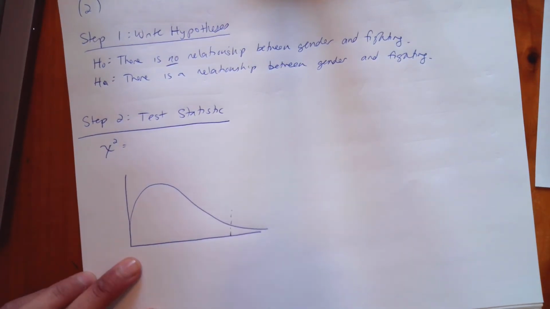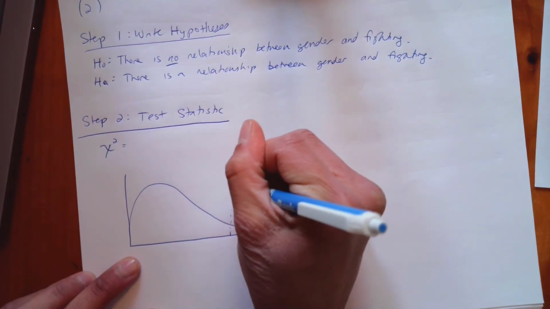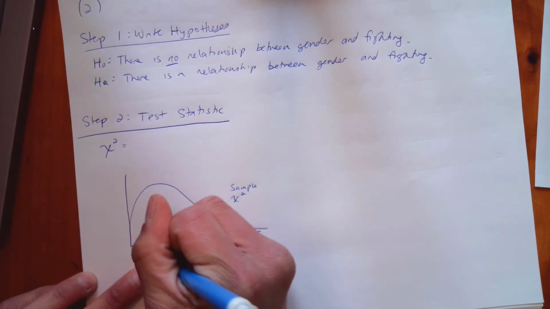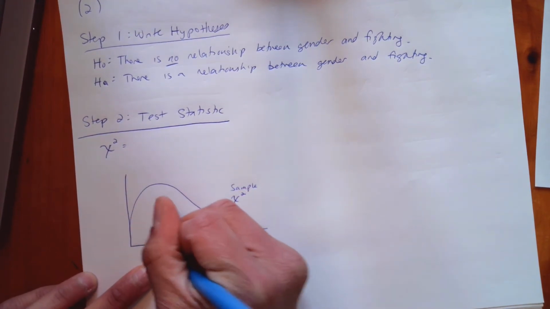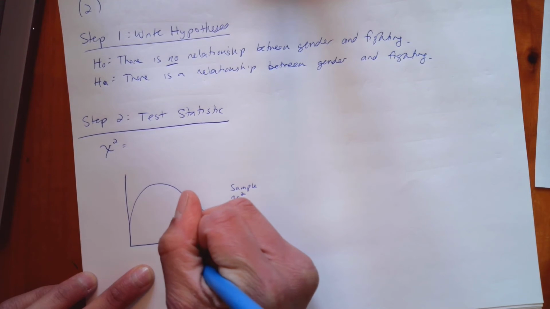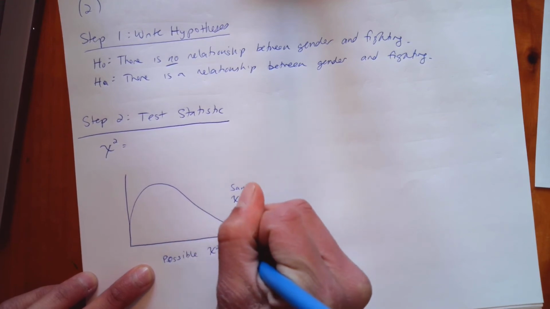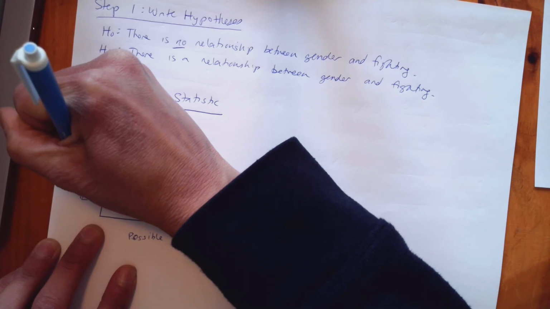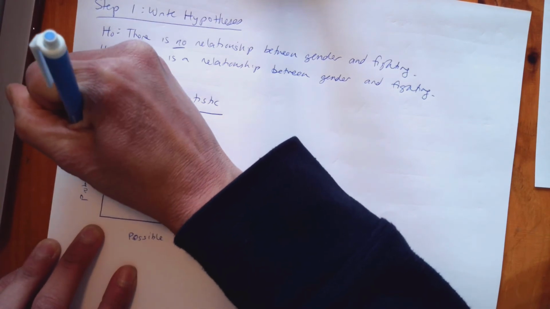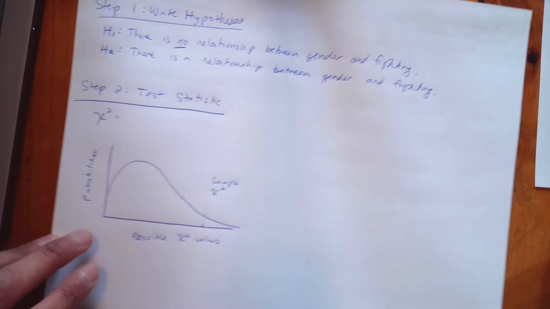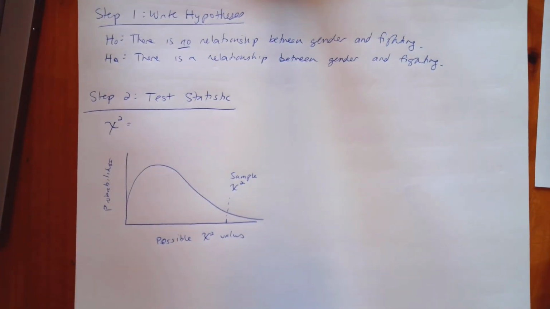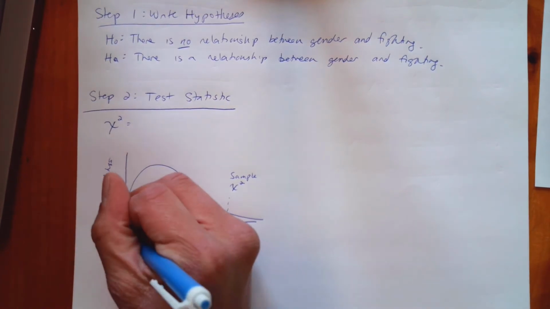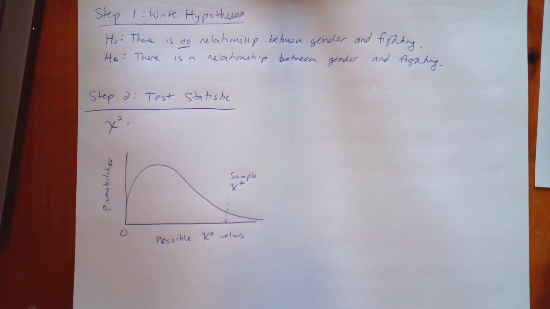We're going to be placing our sample chi-square value on this distribution, where these are possible chi-square values that could come from different samples, and these are the probabilities of getting each one. Chi-square, like F last week, is one of those that can't be negative, so your smallest possible value is 0.